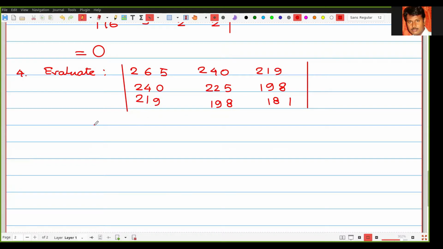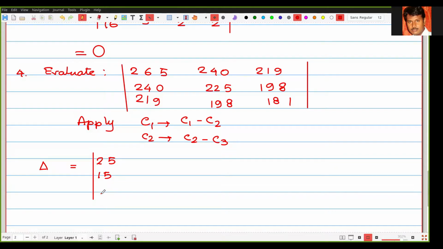Now, at first, apply column 1 to column 1 minus column 2, and column 2 to column 2 minus column 3. So delta is equal to 265 minus 240, that is 25; 240 minus 225, that is 15; 219 minus 198, that is 21.